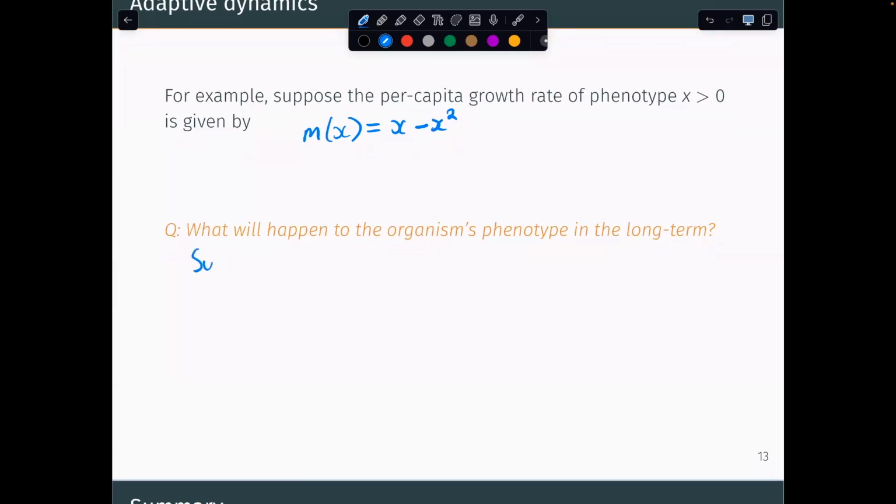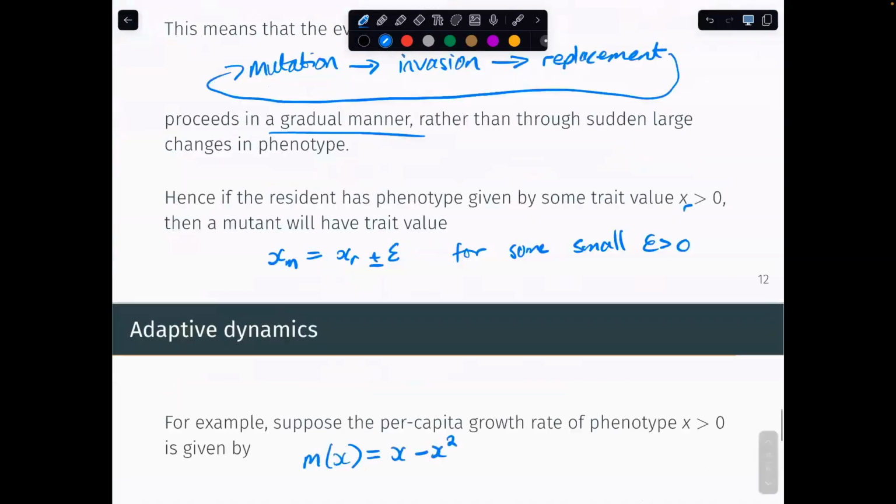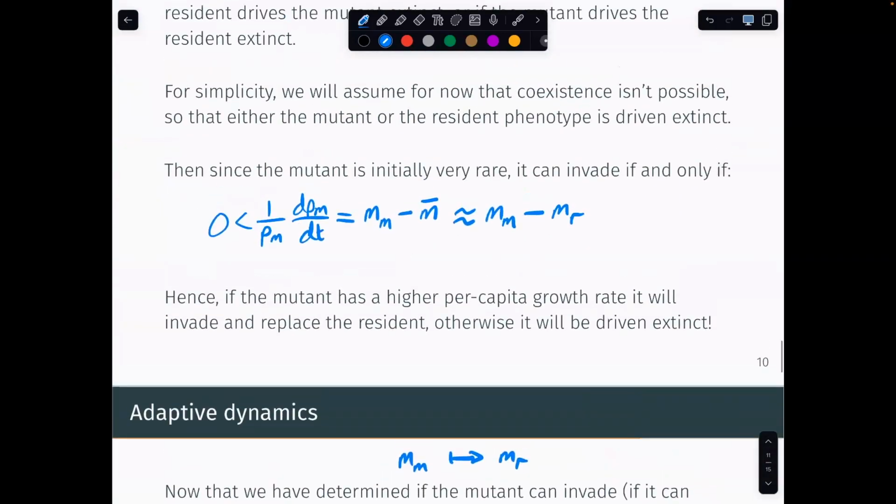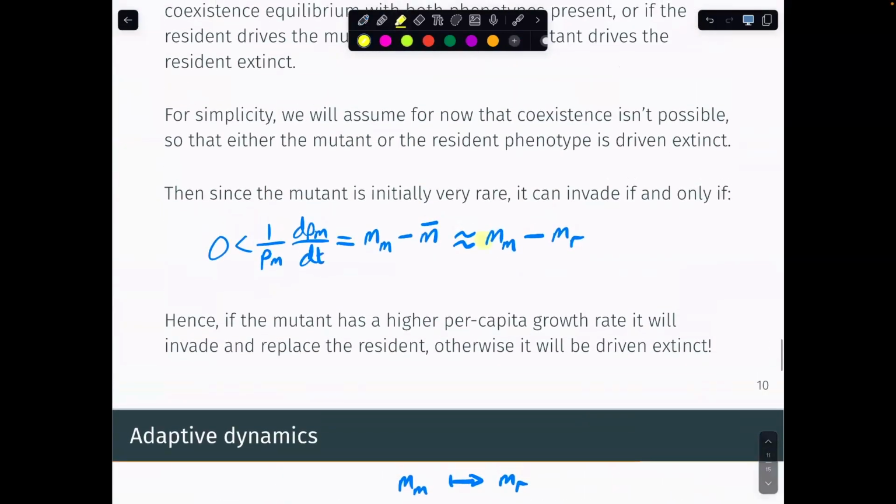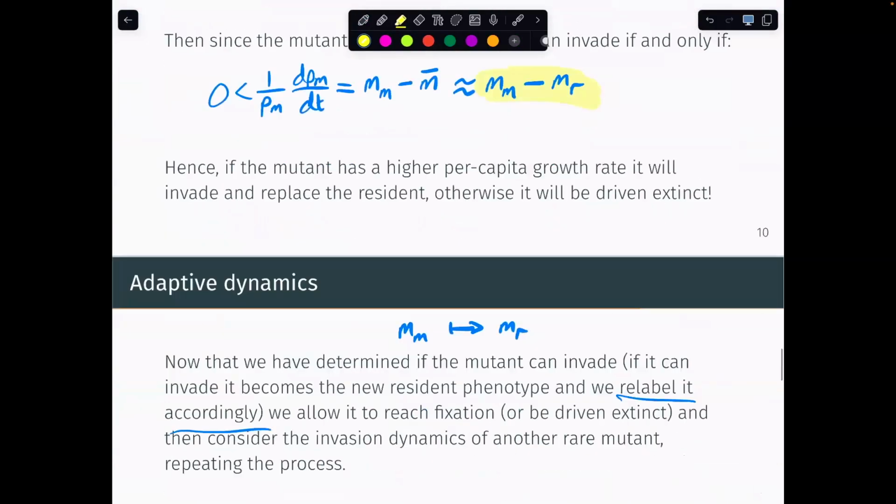So the recipe is, suppose our resident phenotype, XR, is initially small and positive. You were told in the question that it needs to be positive. We know, going back to the replicator equation up here, that any mutant is only going to be able to invade if its per capita growth rate is greater than that of the resident.